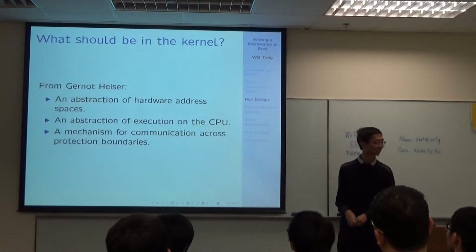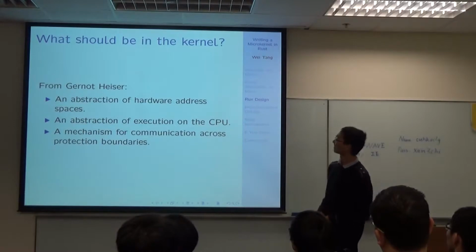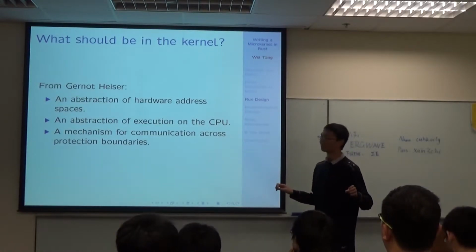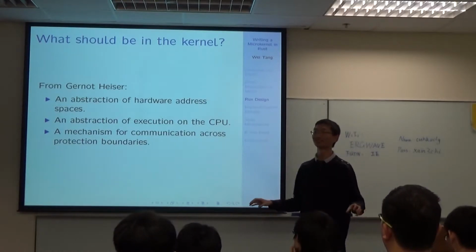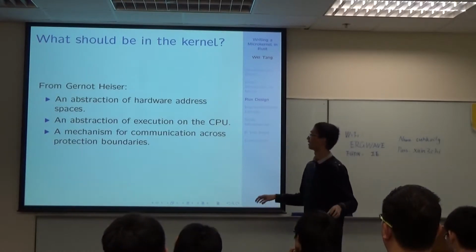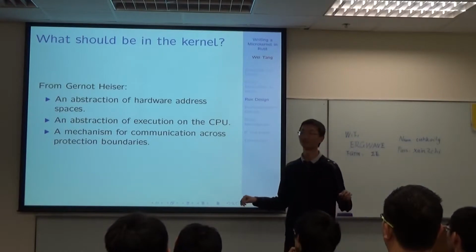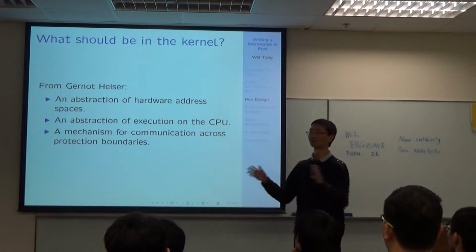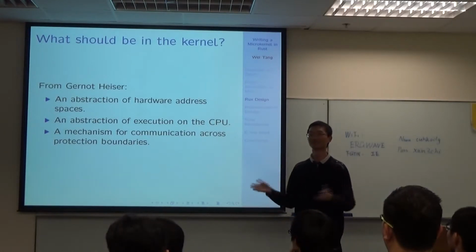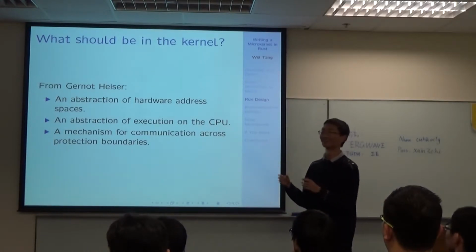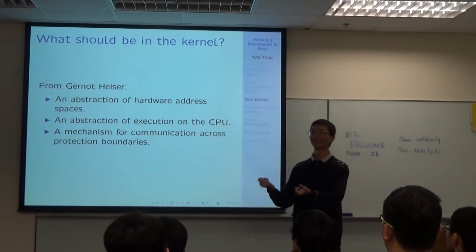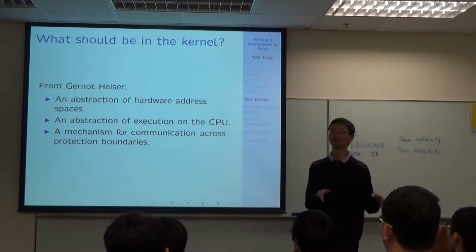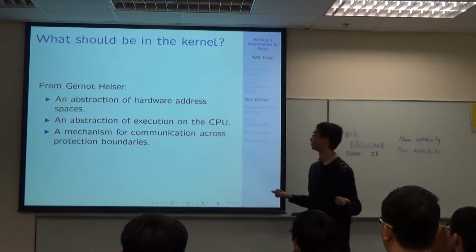And a famous author says something about the microkernel. Basically, what needs to be inside the kernel is the abstraction of hardware address spaces, because that is how you isolate different memory spaces. You need to isolate them, otherwise an application can just randomly run on top of another application's memory, and that would cause problems.